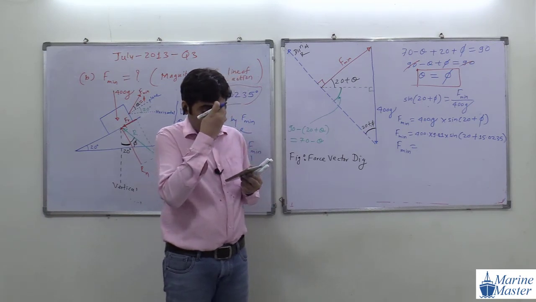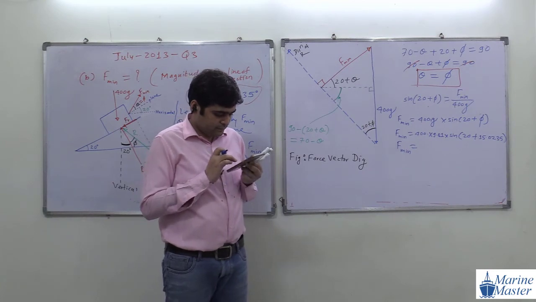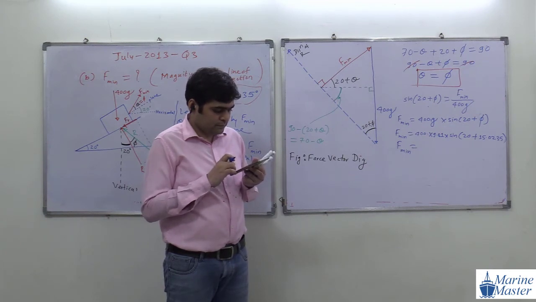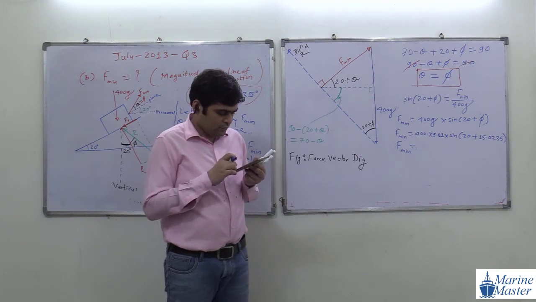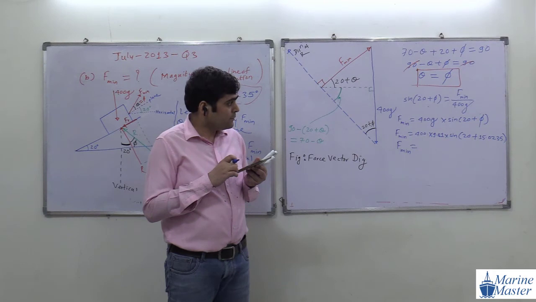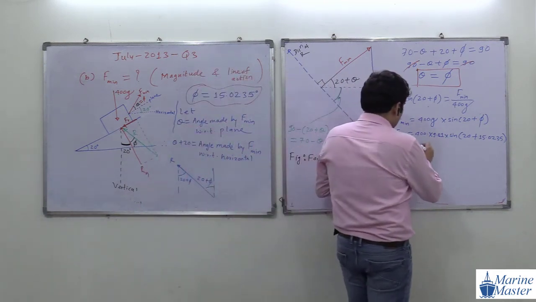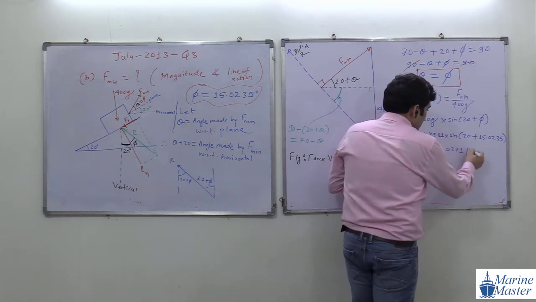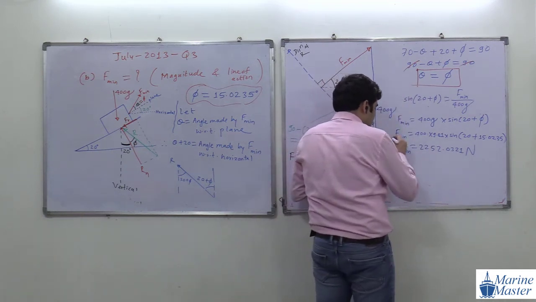How much F minimum are we getting? 0.0321 Newton. So this is the magnitude of F minimum.